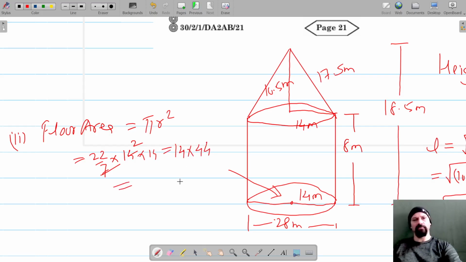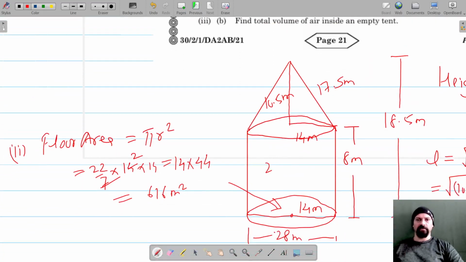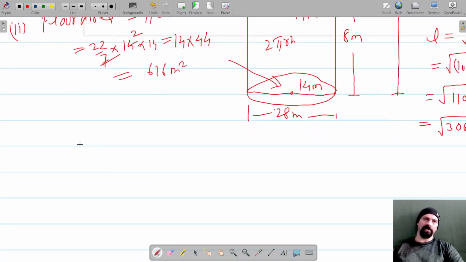So 14 into 44, the value of the floor area is 616 meter square. Now coming on to the area of cloth used, the third part. The area of the cloth used would be the surface area of the cylindrical part plus the curved surface area of the conical part, that is 2 pi rh plus pi rl.